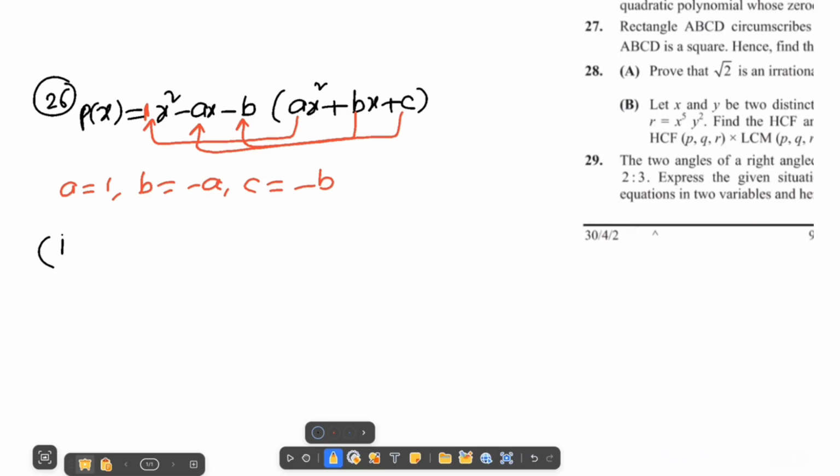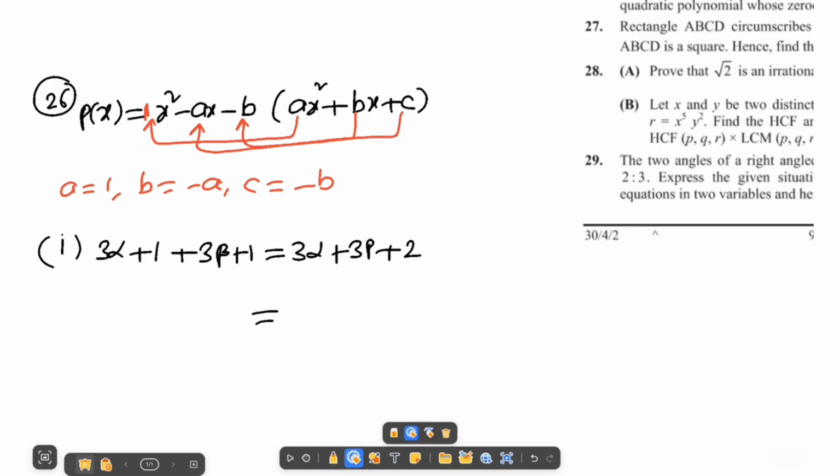Sum of the zeros means 3 alpha plus 1, this is the first zero, and 3 beta plus 1. So sum of the zeros is equal to, if you add, 3 alpha plus 3 beta, 1 plus 1 is 2. Now from here you can take 3 common.